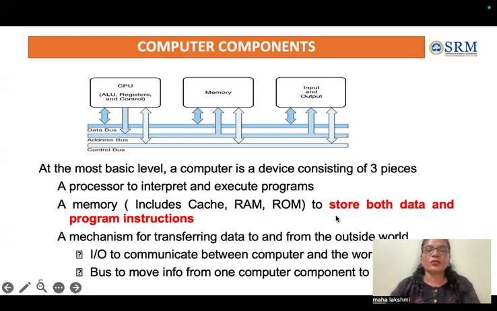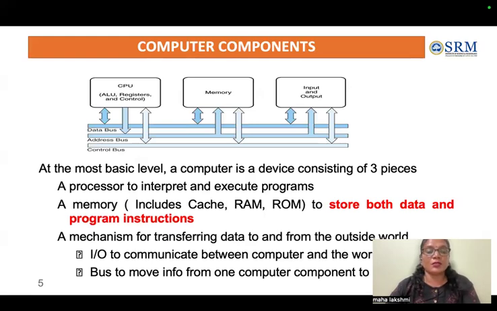They are used for storing both the data and program instructions. And we have input-output devices, which also play a very important role in feeding input and output to the system, and they are the interaction between the users and the computer hardware. A mechanism for transferring data to and from the outside world is provided through input and output devices.